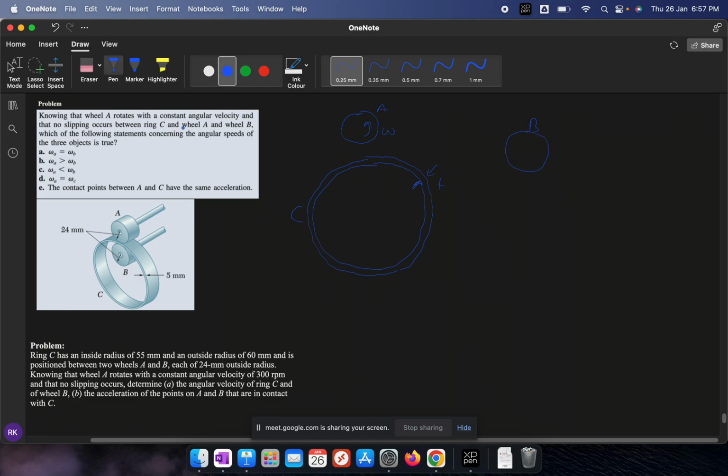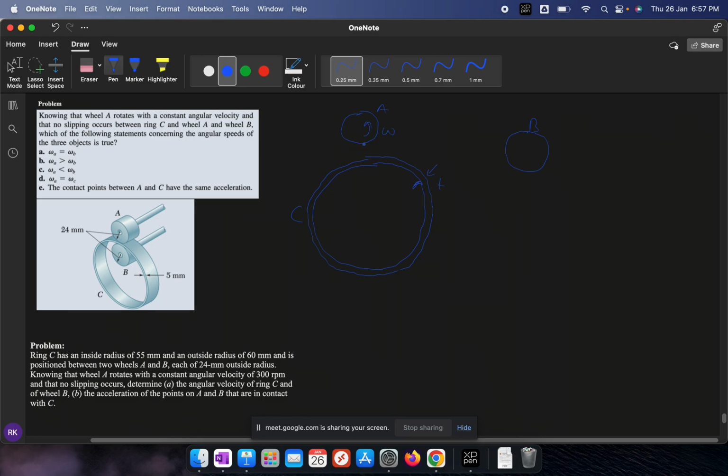It says that there is no slipping at the point of contact between A and C, and similarly between B and C. If there is no slipping, what does it mean?